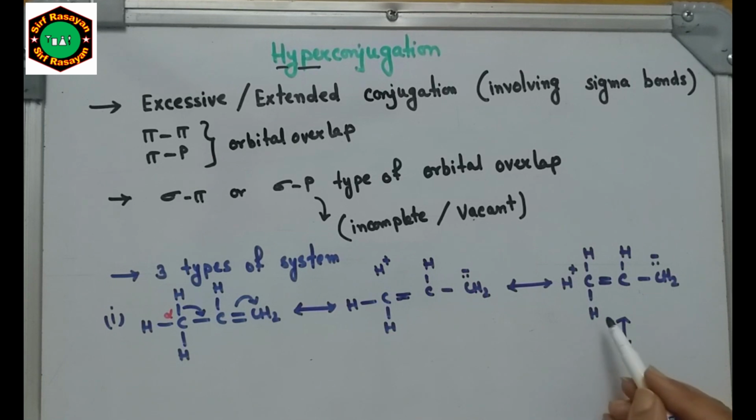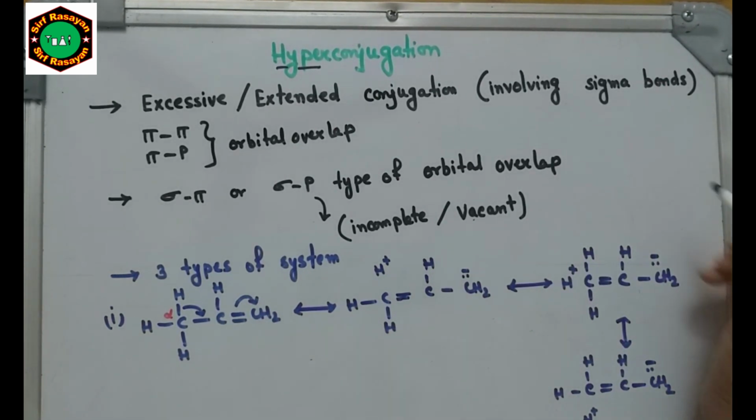Third hyperconjugative structure, how can we write it? We can use this CH bond. So here these two keep as it is. Here there will be H plus, double bond CH, CH to this. So 3 alpha hydrogens means 3 hyperconjugative structures.